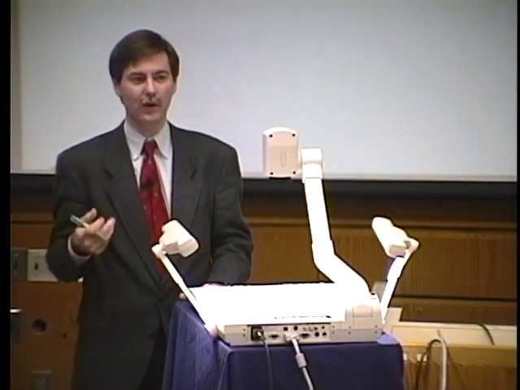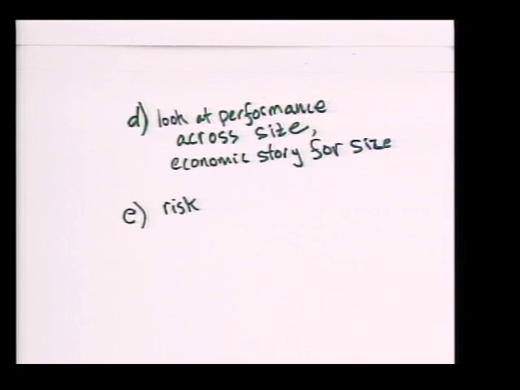I put it last, not because it's not important, but what I find when you do these screens is that the risk of the high fractile portfolio and the low fractile portfolio are often very similar. So this turns out not to be that big of a deal. But you do want to look at it. If the betas are different, then you need to make adjustments.